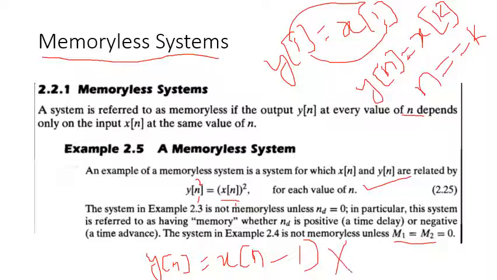This is not a memoryless system, because if I put n as 2 here, we will get x of 1. So we are computing the output at 2, but input sample 1 is being used. So the ideal delay system and the moving average system are both not memoryless. There is memory involved. Okay.